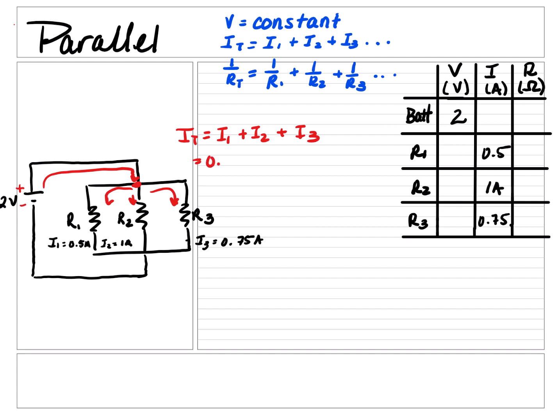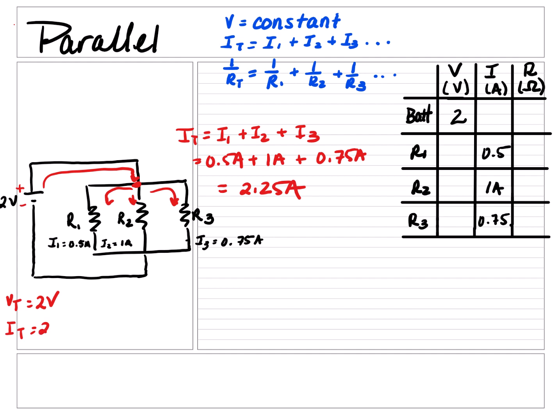You know the current through 1 is 0.5 amps, through 2 is 1 amp, through 3 is 0.75 amps, which gives you a total current of 2.25 amps. That is the current through the battery. Now we can find the total resistance because the voltage total is 2 volts.